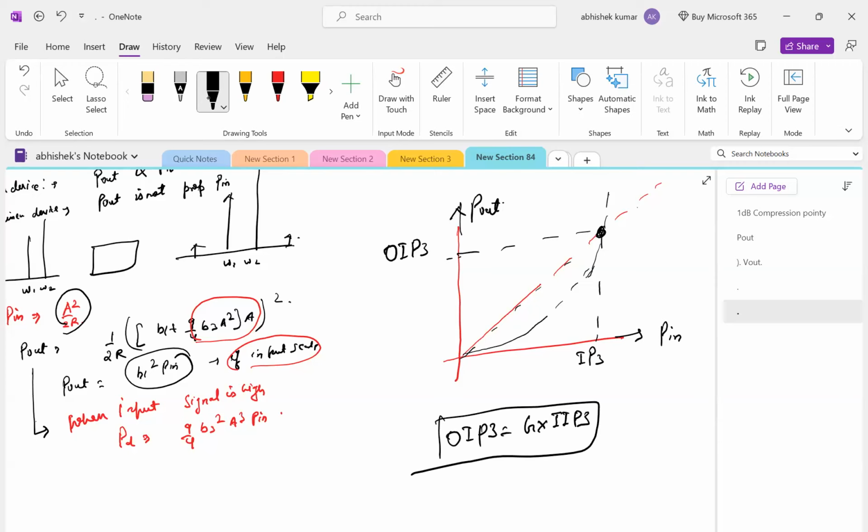Then you can see that in a dual tone test, the IP3 point is a hypothetical point where the output power in a wanted tone equals the output power in an unwanted tone. That is your third-order intercept point.